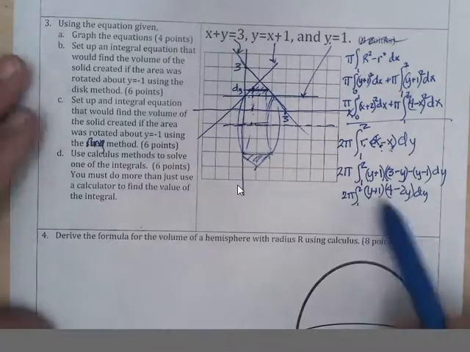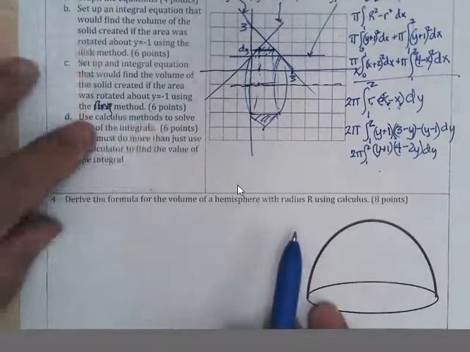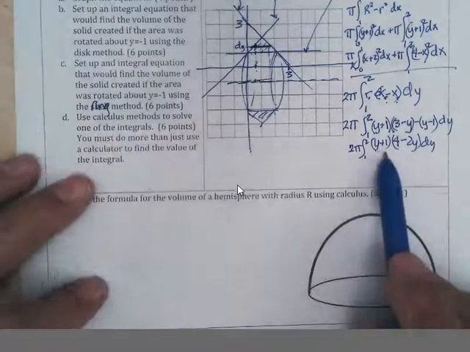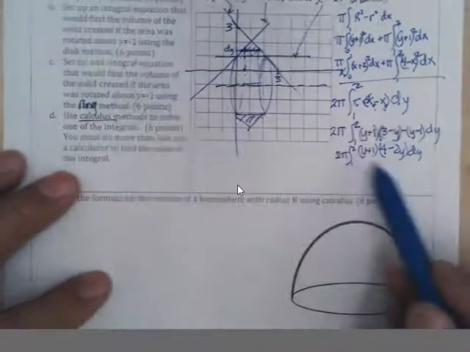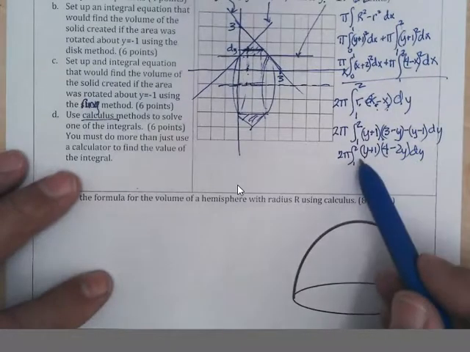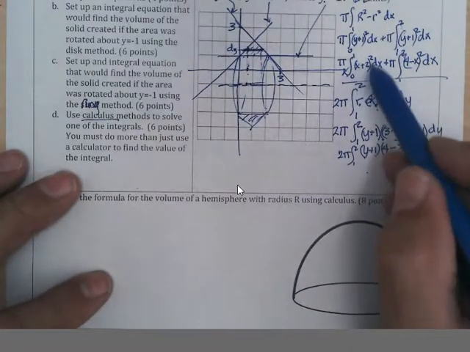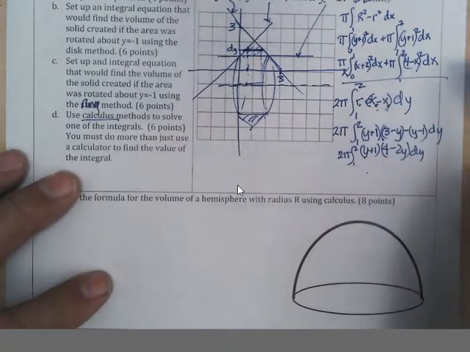So then I could multiply this together and find the integral. It says use calculus methods to solve one of the integrals. So now I want you to not use the calculator, but use calculus. So you can either multiply these together and integrate them, or multiply that out and evaluate that integral.